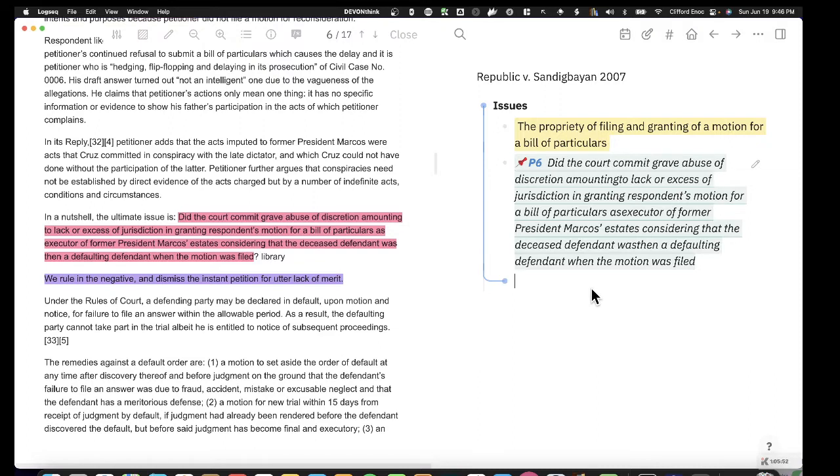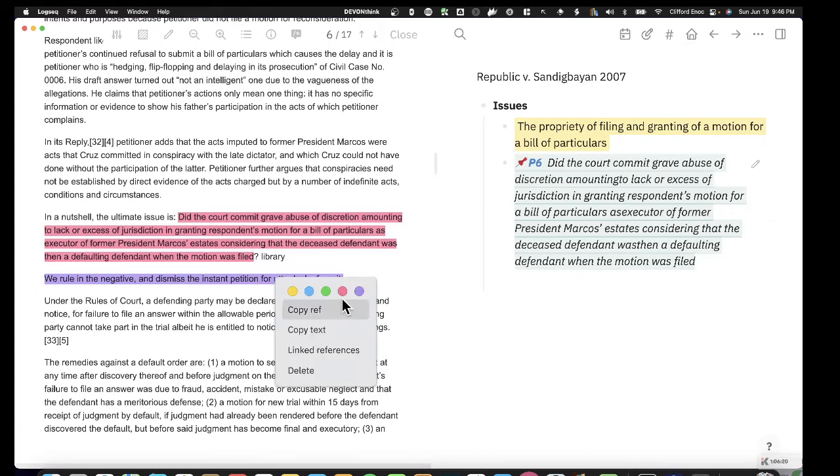It did not commit. The court did not commit grave abuse of discretion amounting to lack or excess of jurisdiction granting respondent's motion for a bill of particulars as executor of former President Marcos' estate, considering that the late President Marcos was then a defaulting defendant when the motion was filed. Copy.